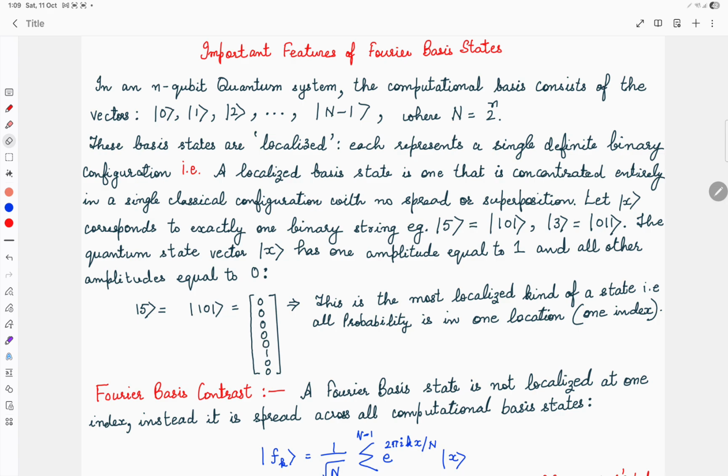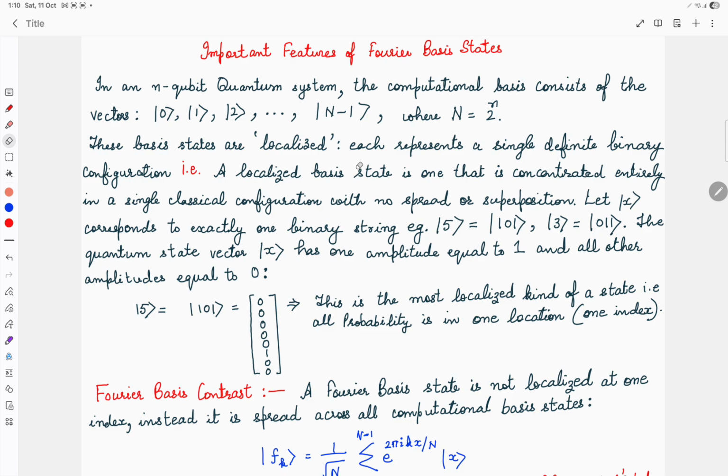So the value 1 is concentrated, localized, at a particular position. The state is not spread across all the basis positions, but localized to a particular value, which is 1. That's what I'm trying to say here.